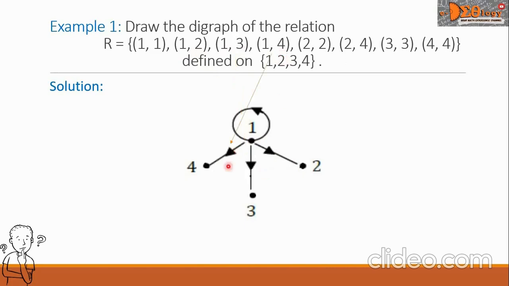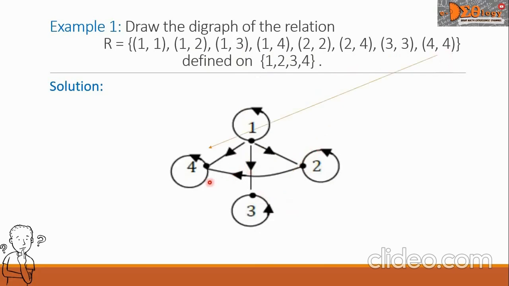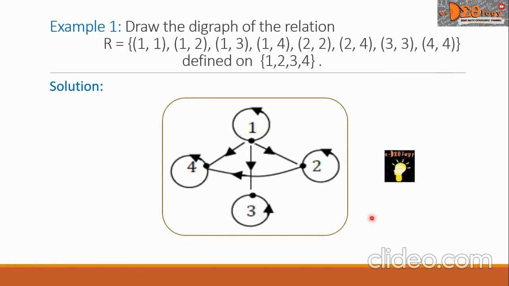For 1, 4, this is now the arrow. For our 2, 2, we're going to draw a loop on number 2. For the 2, 4, let us draw an arrow from point 2 going to point 4. For 3, 3, this is another loop on the point 3. Then the ordered pair 4, 4 represents a loop on the point 4. This is now the final answer.